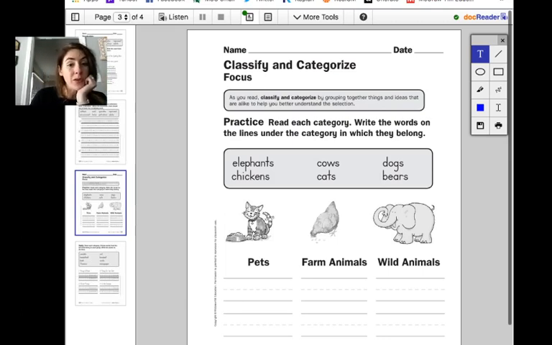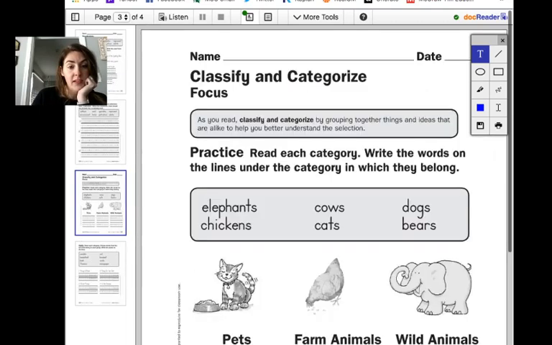So we've got quite a few words in these gray boxes here. We have first word, first line, elephants. Slide on over, cows. Repeat, make sure you're repeating with me. Dogs. Second row, first word, chickens.